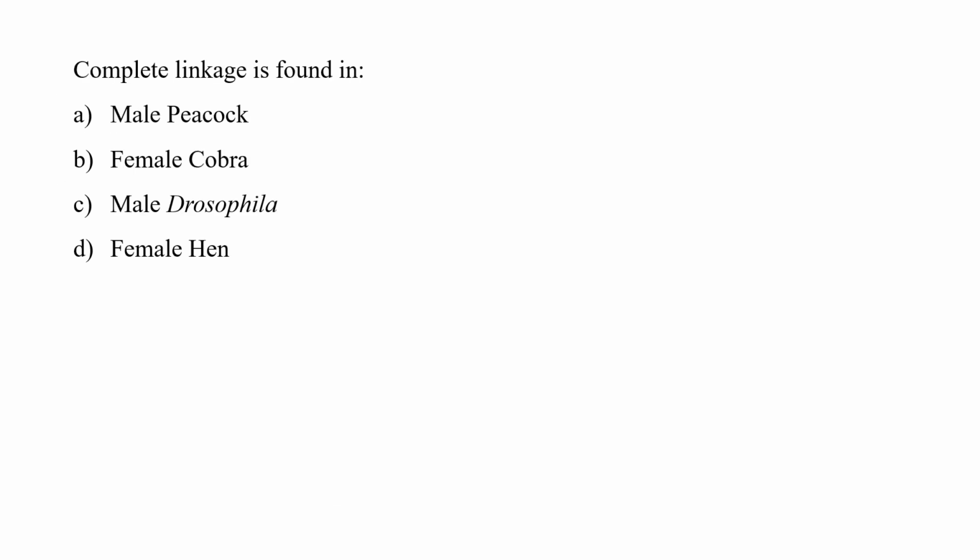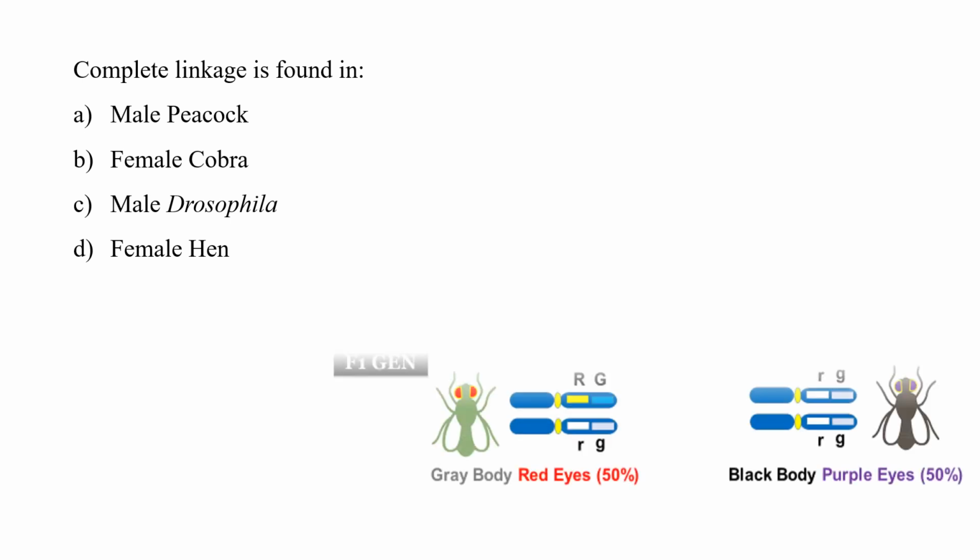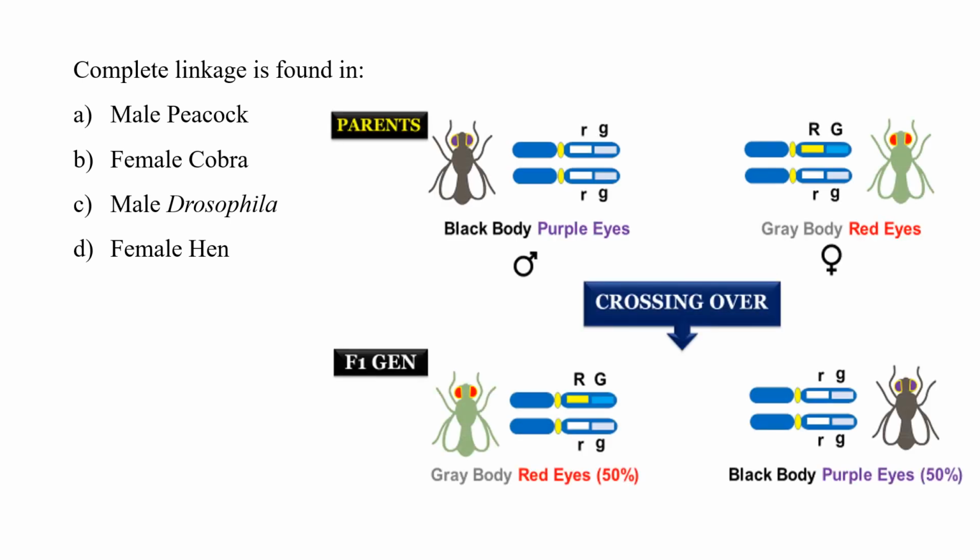Now the question is, complete linkage is found in: male peacock, female cobra, male Drosophila, and female hen. So out of the four options, first of all we should know what complete linkage is. It is the linkage when the parents are crossed and the progeny is 50% and 50%. So in the cross shown here, it is of Drosophila, male and female Drosophila.